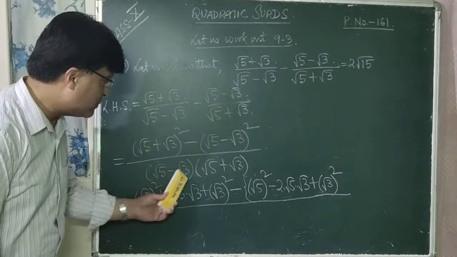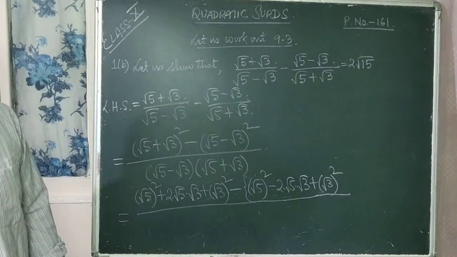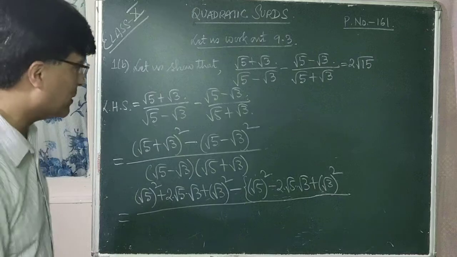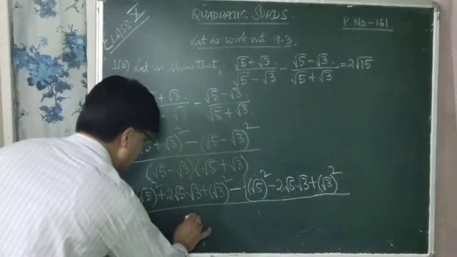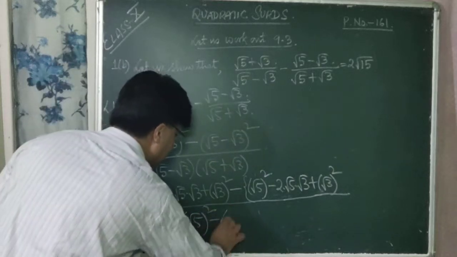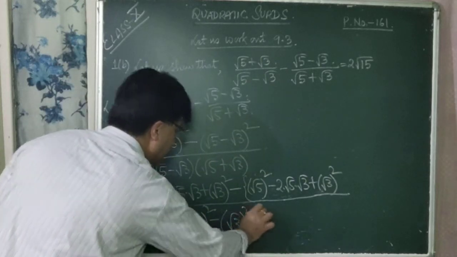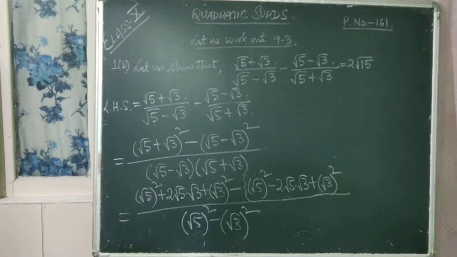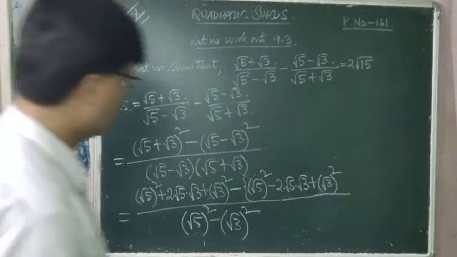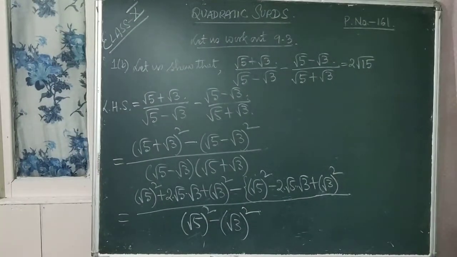It is a minus b into a plus b, a square minus b square, isn't it? So let us write down root 5 whole square, that is your a whole square, minus what is b whole square, root 3 whole square. Is that clear to all of you? So you can copy it. Now we will simplify it.